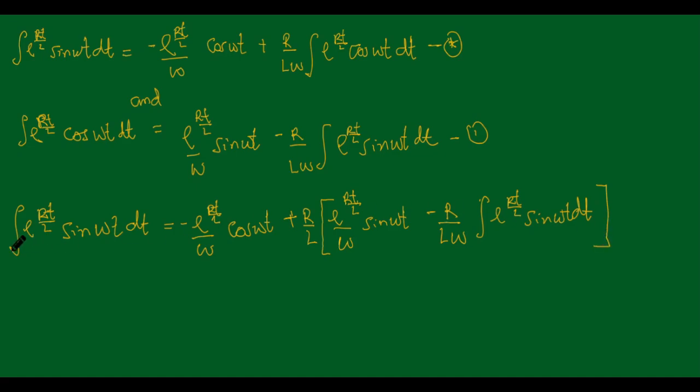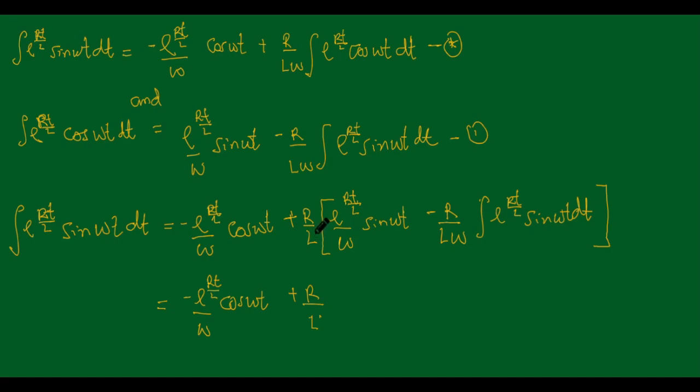You can then simplify this to become minus e raised to power Rt over L cos omega t divided by omega plus R divided by L omega.